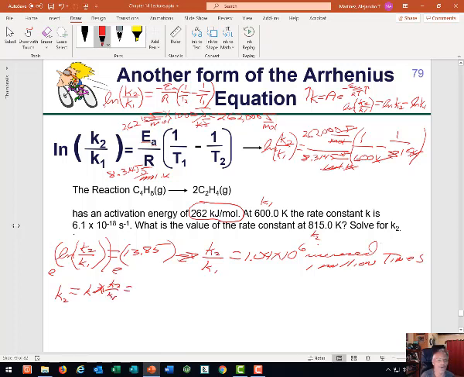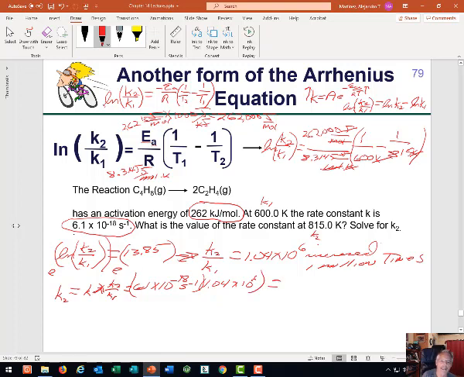Here's K1, given in the problem: 6.1 times 10 to the minus 18. This is first order, so it's in per seconds. We're going to multiply that times the ratio we just determined, which is 1.04 times 10 to the 6th.